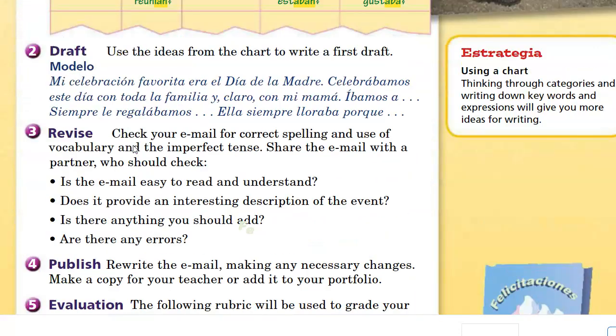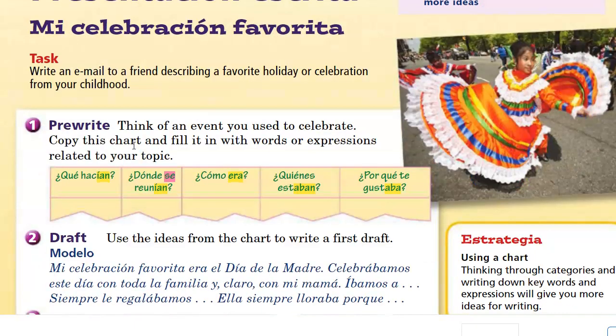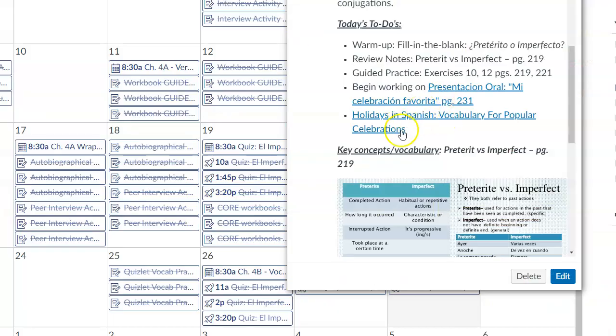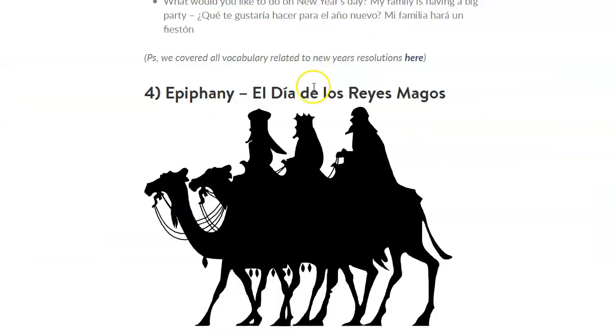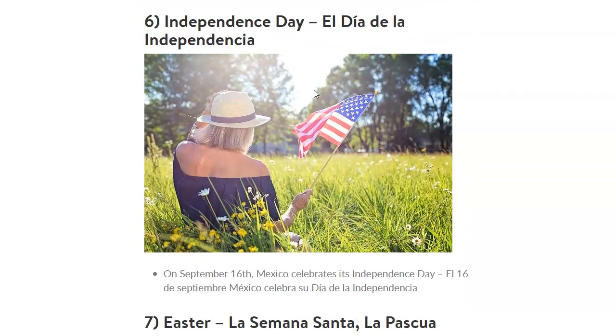For this oral presentation, you're going to provide 2 things. A photo of your favorite holiday or celebration from when you were a child. And again, don't forget about that link that I alluded to at the very beginning of the video, where you have a very comprehensive list of a lot of different holidays in Español, and some key vocabulary that you could use for each.